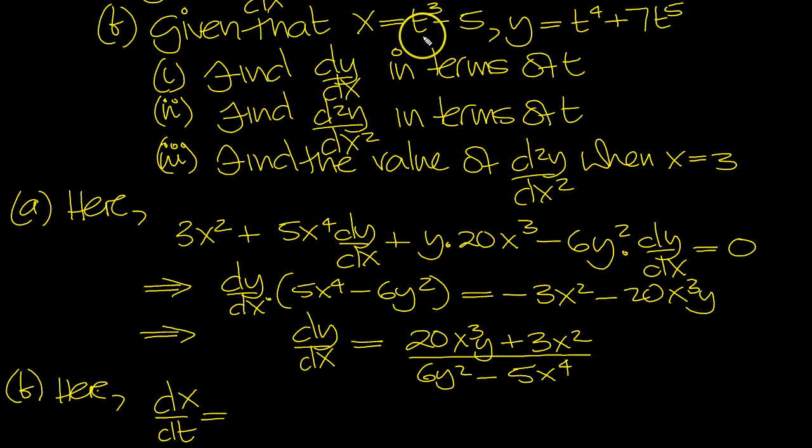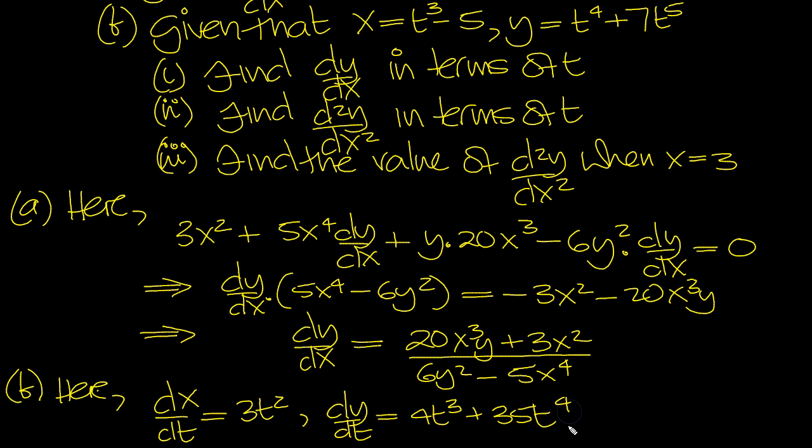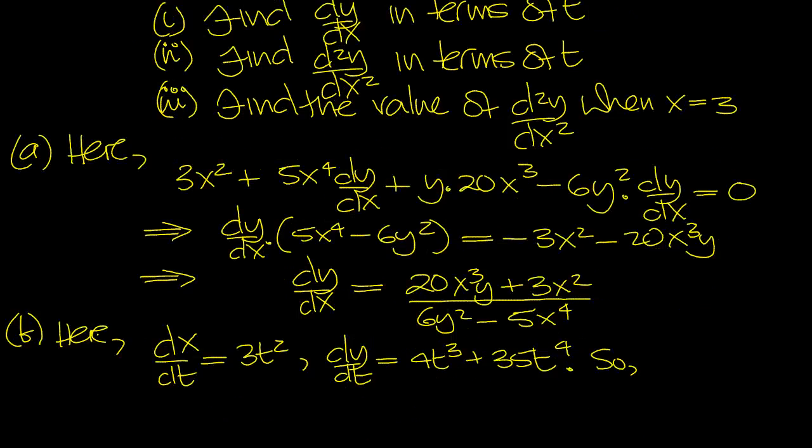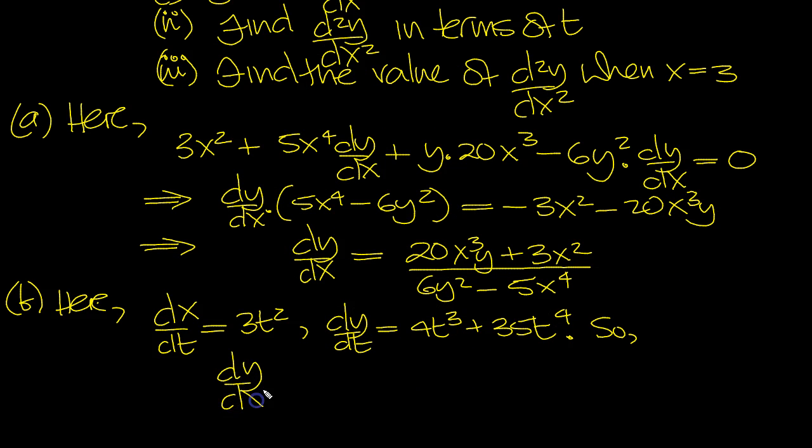So dx/dt, differentiate with respect to t, 3t to the 1 less, and the constant goes to nothing. dy/dt, differentiate 4t cubed, differentiating with respect to t, using the power rule. 5 comes down to be with the 7 to make 35, t to the 1 less than 5, which is 4, so that's dx/dt and dy/dt. So dy/dx then is equal to dy/dt divided by dx/dt. 4t cubed plus 35t to the 4 divided by dx/dt, 3t squared.